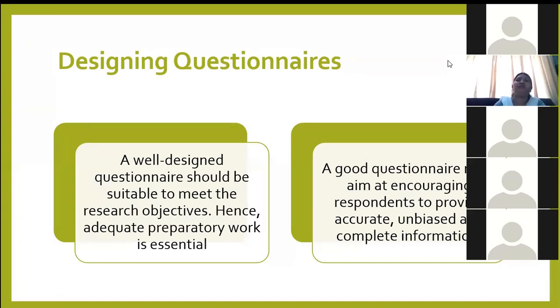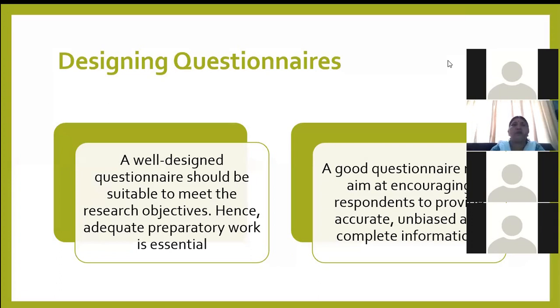So you have to design the questionnaire in such a manner that it must encourage the respondents to provide very precise and unbiased information. So before designing the questionnaires, you have to keep all these points in mind.